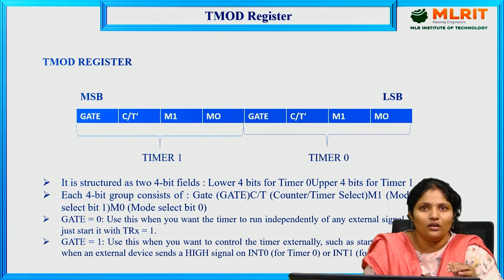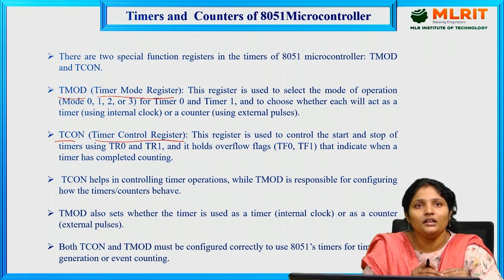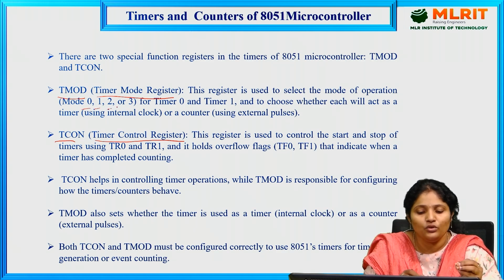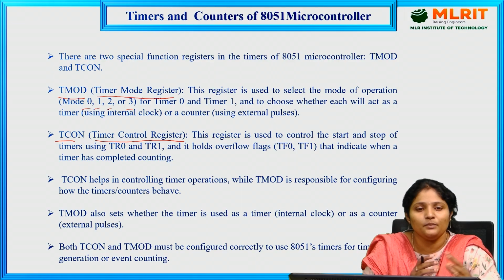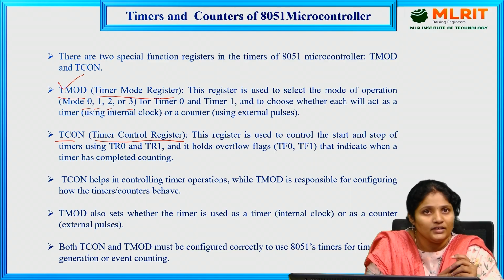It has 4 modes of operation: mode 0, mode 1, mode 2, mode 3. In which mode the timer is going to perform is selected using the timer mode register.